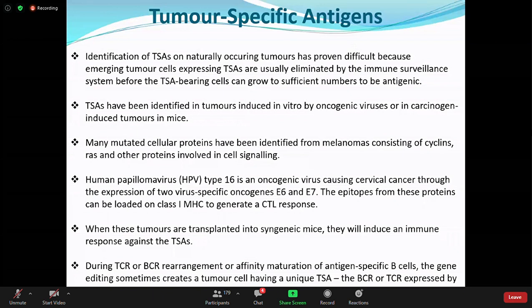But if you recall, when I talked about the development of B cells through that VDJ rearrangement, that enzyme TdT can also create mutations within genes involved in the cell cycling function in B cells. So when that goes wrong, you then get the outgrowth of a B cell lymphoma. So this is one of the causes.